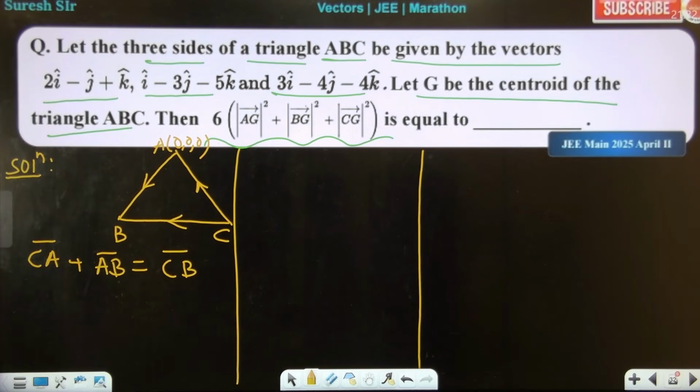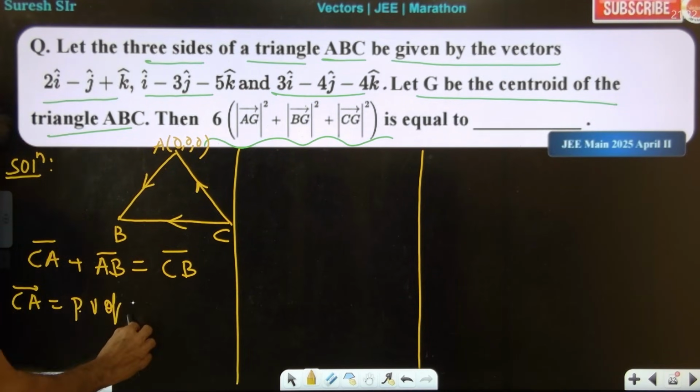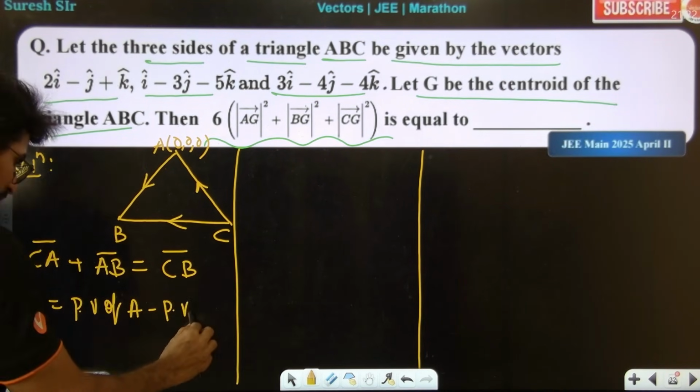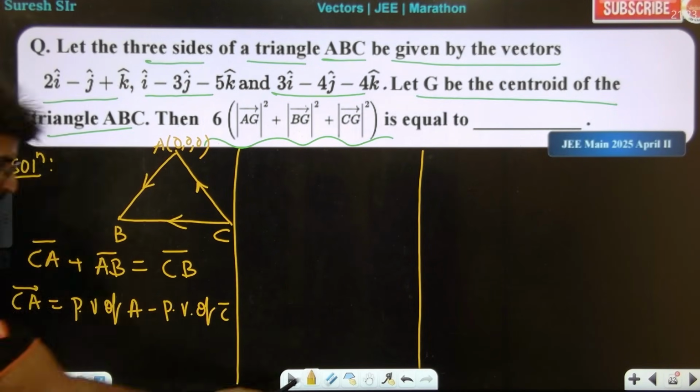What is A here? Origin sir. Now what is CA? Position vector of A minus position vector of C. Or else you can find out CA or AB, anything works. Firstly you can find out C. Any doubts? Yes or no?